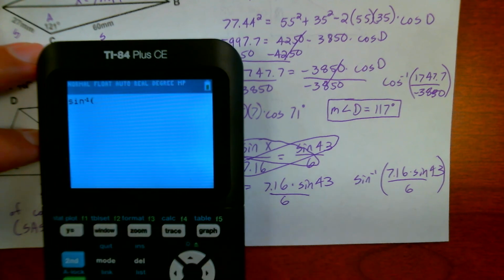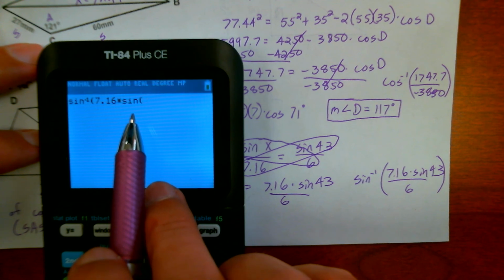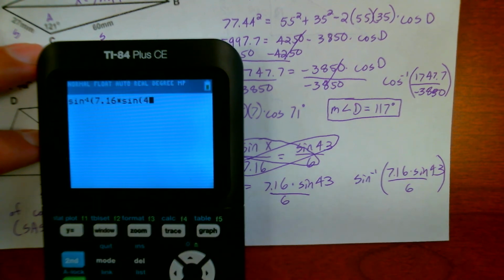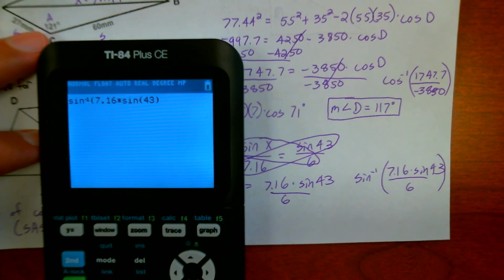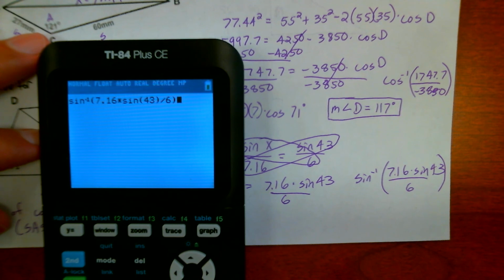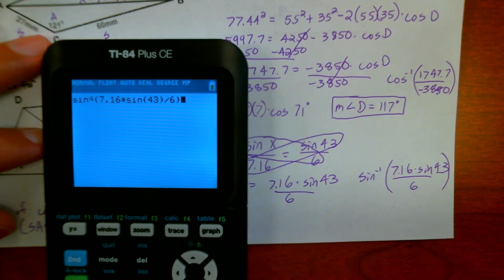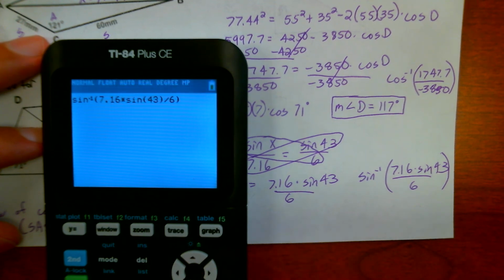So I'm going to do 7.16 times the sine of another set of parentheses, sine of 43, close that parentheses, divided by 6, and then I have to close that parentheses again.